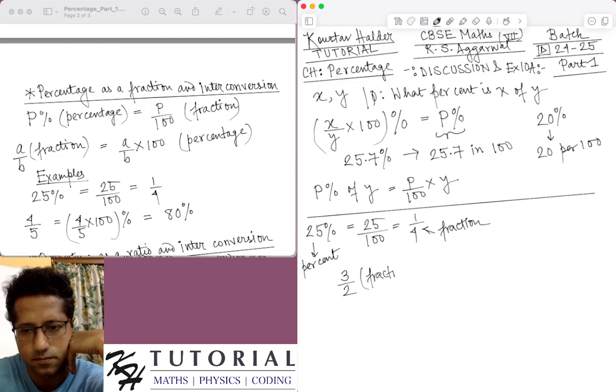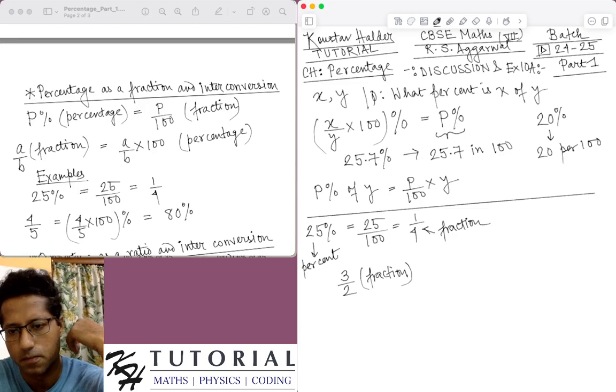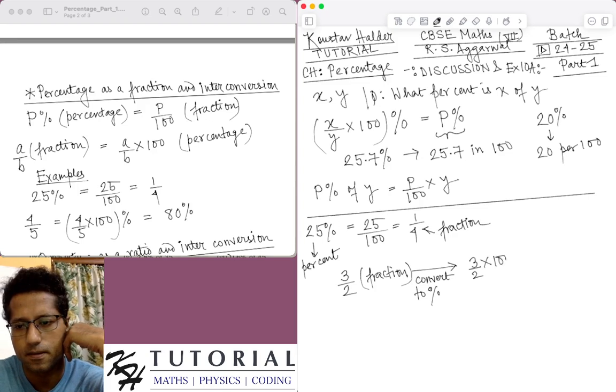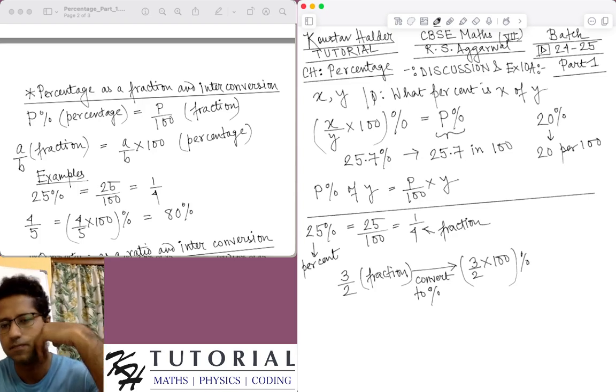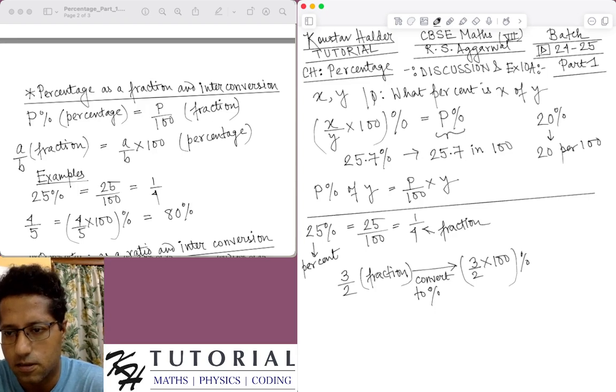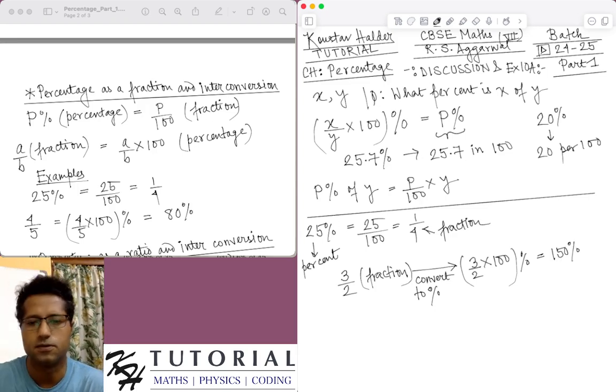Now to convert it to percent, I will multiply this fraction with 100, and this value will represent the p, that is this percent. So the fraction 3 by 2 is equal to 3 by 2 into 100%, and this is equal to 150 percentage.